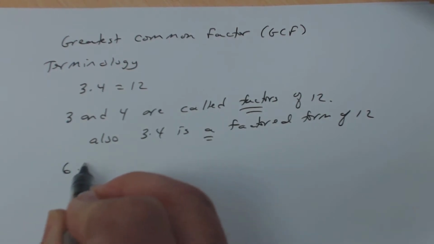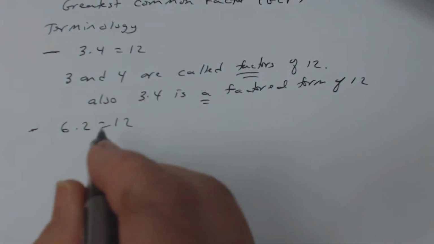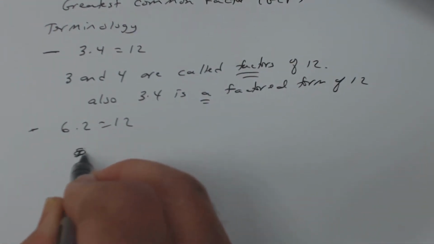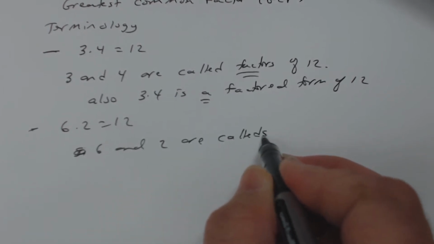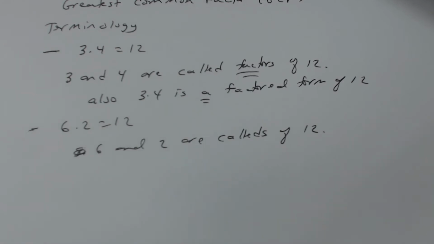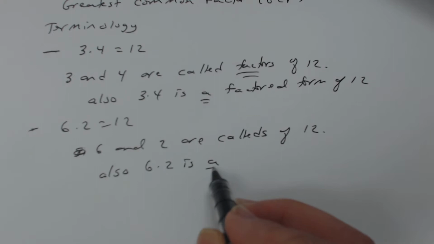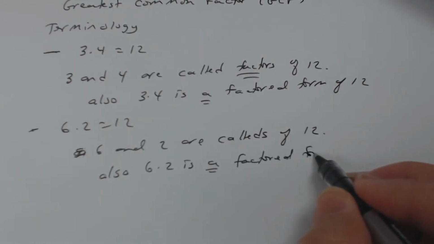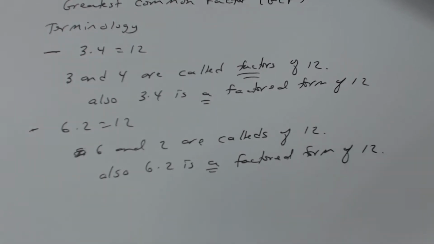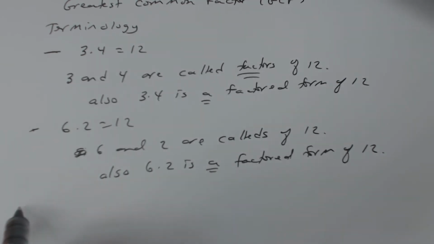So 6 times 2 is also 12, and so 6 and 2 are called factors of 12. And also 6 times 2 is a factored form of 12.